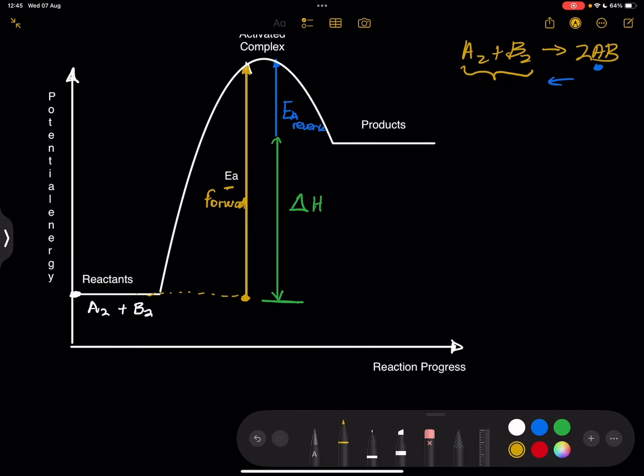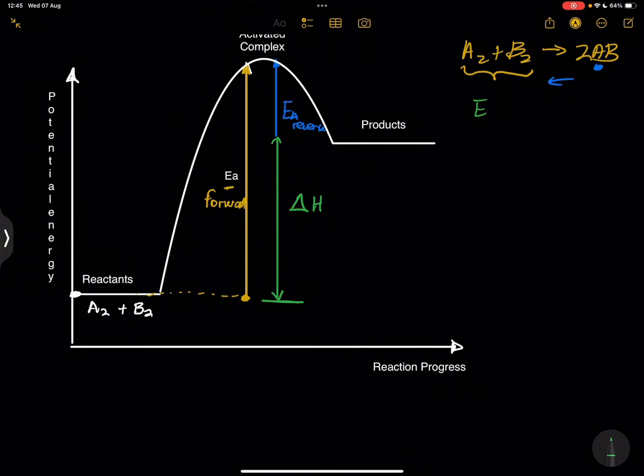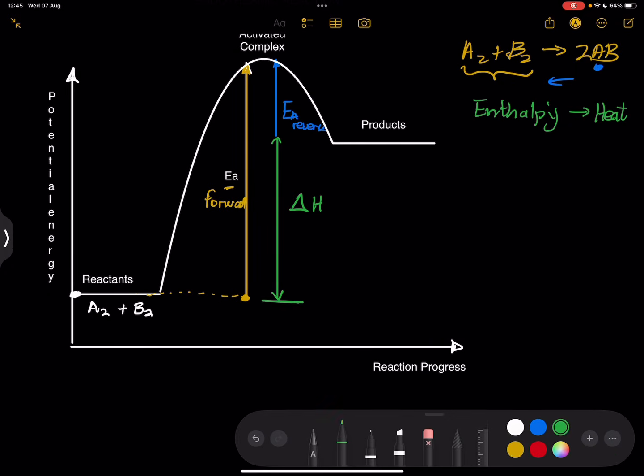All right, or sometimes called the heat of the reaction. So the net energy, we call that the enthalpy change, or we call it the heat of the reaction. How do we get this energy? Well, look at this. The products also have their own energy, right?